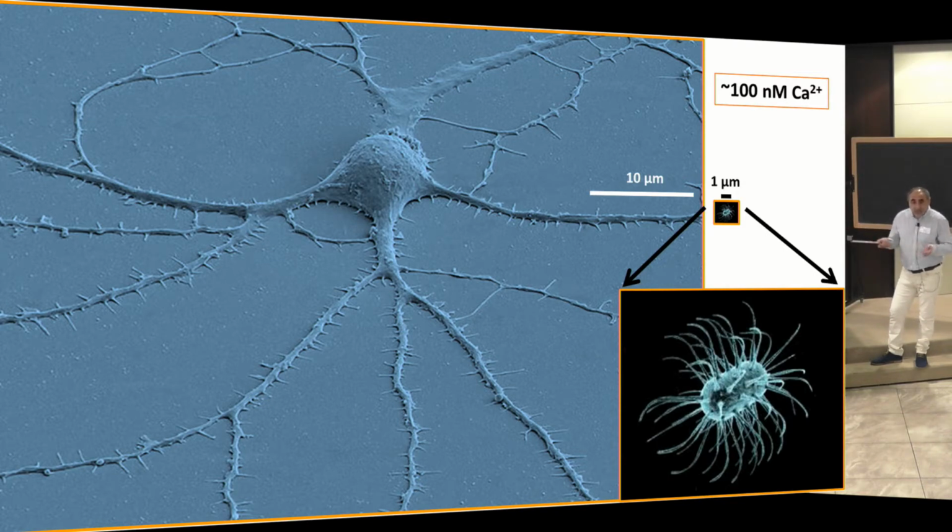So what do you do if you want to stay with this 100 nanomolar calcium, which is a really low concentration? You implement some organelle which will make calcium compartmentalisation, because the surface of the cell is not enough to reduce calcium to such levels.